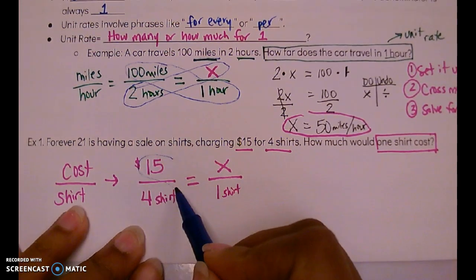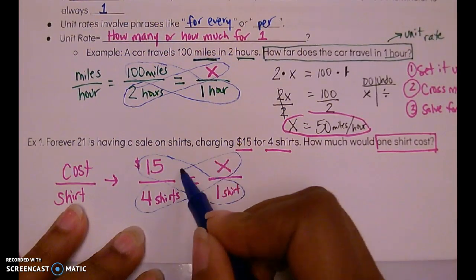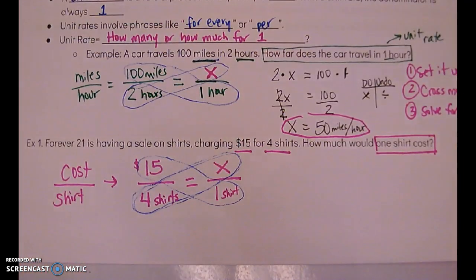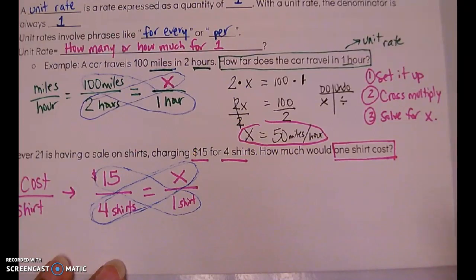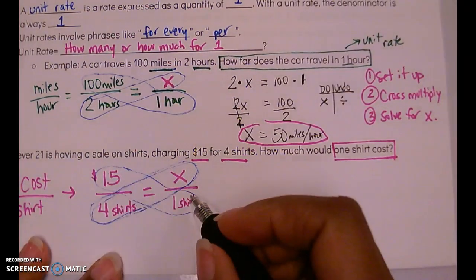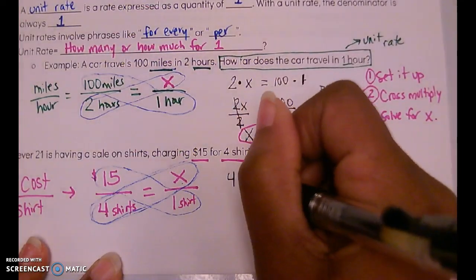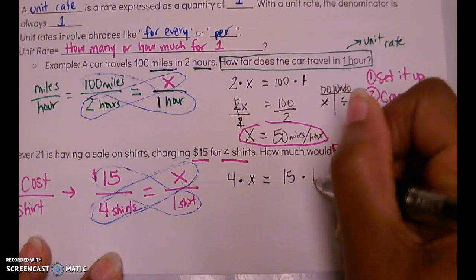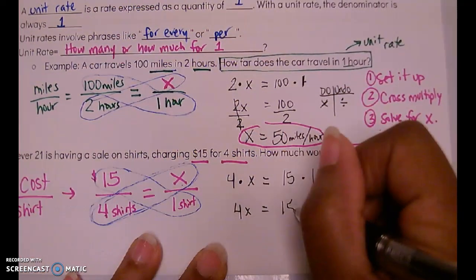So I'm going to link the 15 times 1 and 4 times x together. All right, and then I'm going to set up my problem over here to solve for x. First I'm going to go 4 times x equals 15 times 1. This is going to give me 4x equals 15.